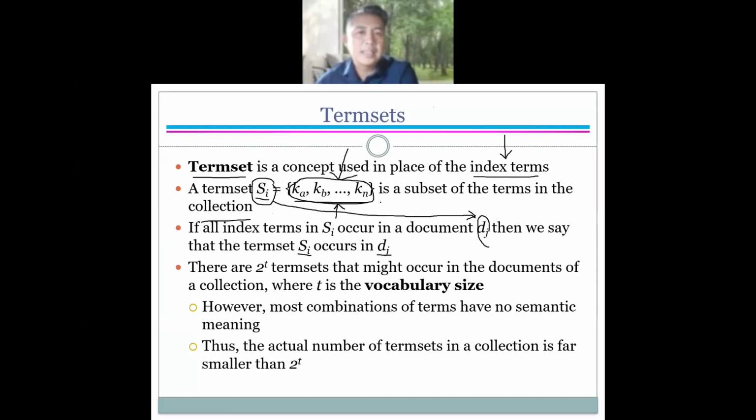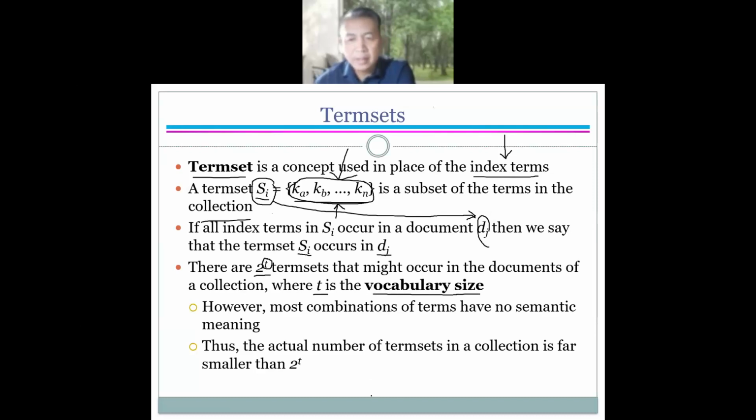Since we could have a few combinations depending on the number of unique keywords, we have 2 to the power of t possible combinations, where t is the vocabulary size, the number of unique terms in your vocabulary.